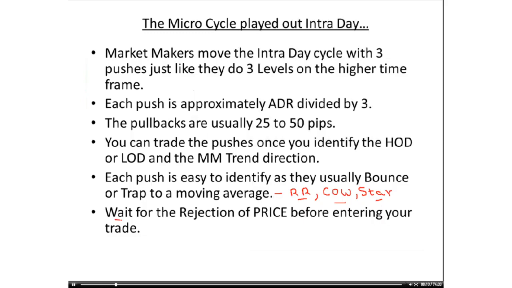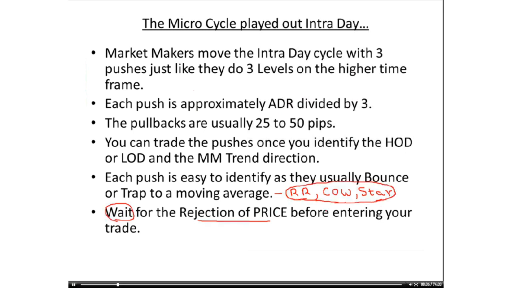You got to wait for the rejection of price before entering your trade. You do not anticipate the trade because you have no idea if it's going to bounce or go lower. You have to wait for rejection of price. And once price is rejected, you should be able to have a nameable pattern.